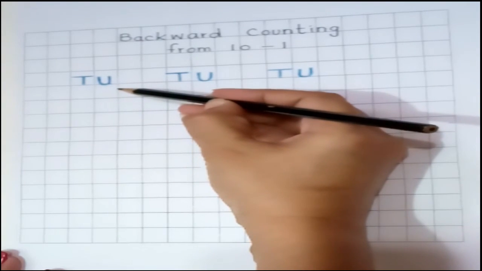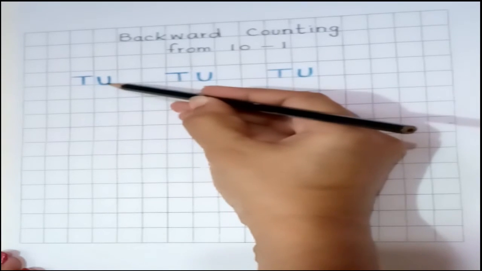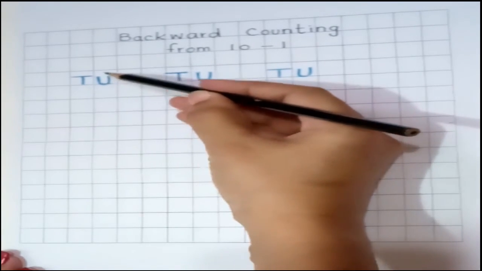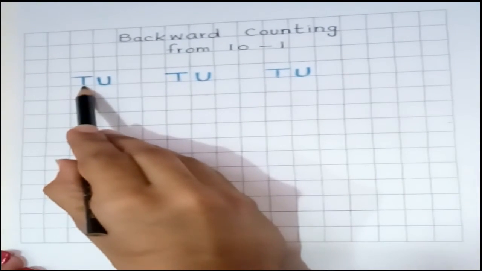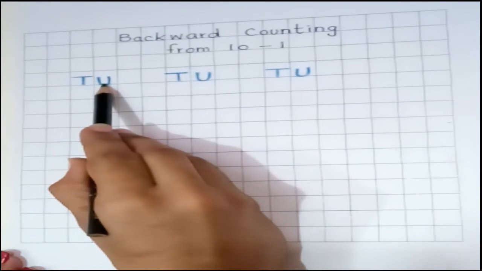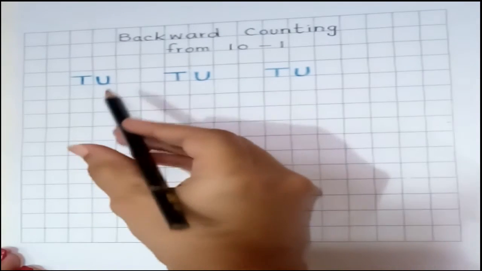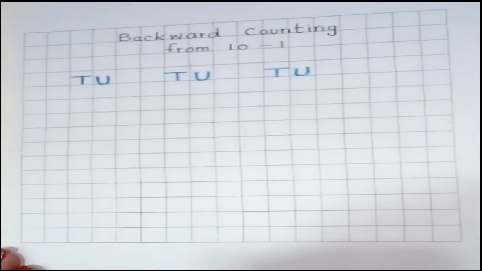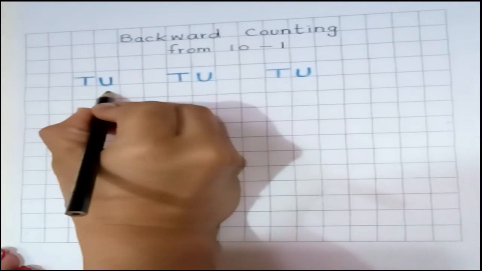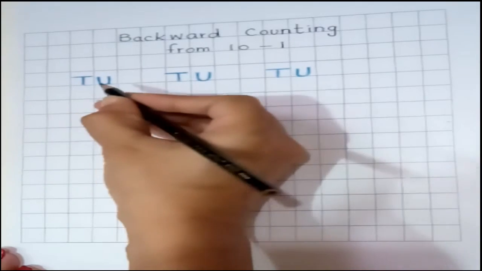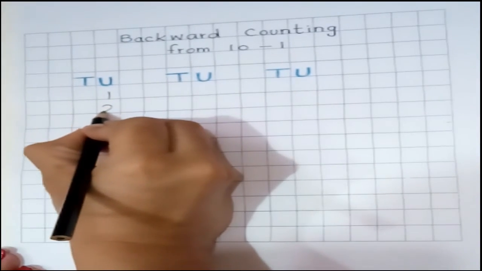We always write a single number under the U unit. Okay, let's start forward counting from 1 to 10. What is the first number in maths? 1. Then 2.